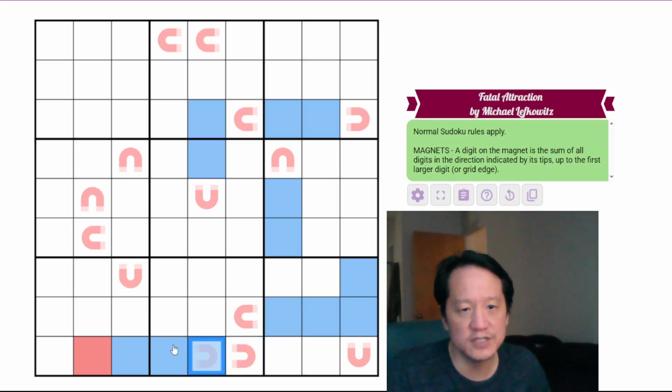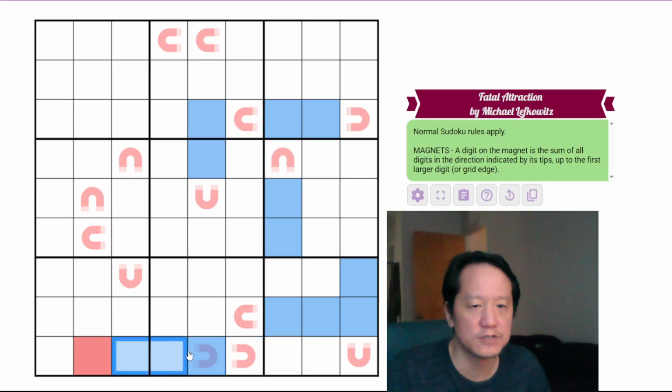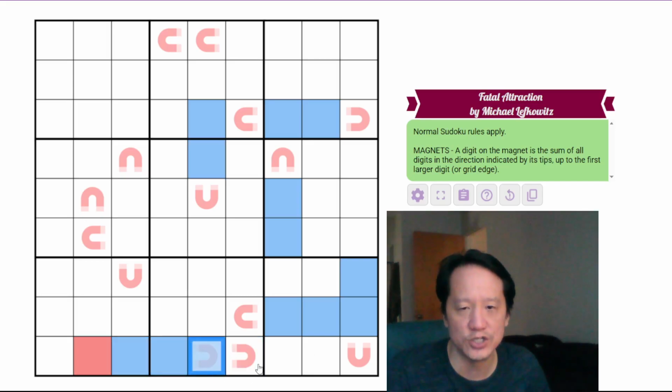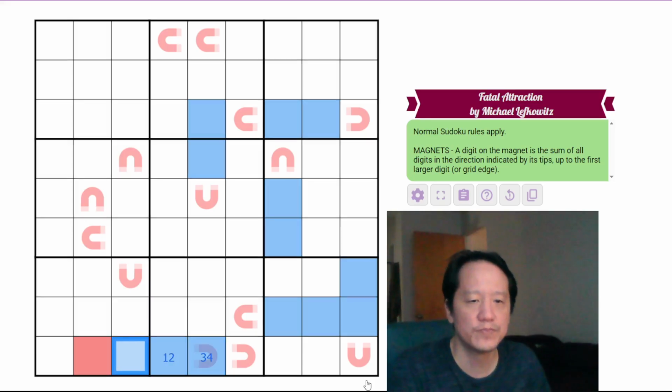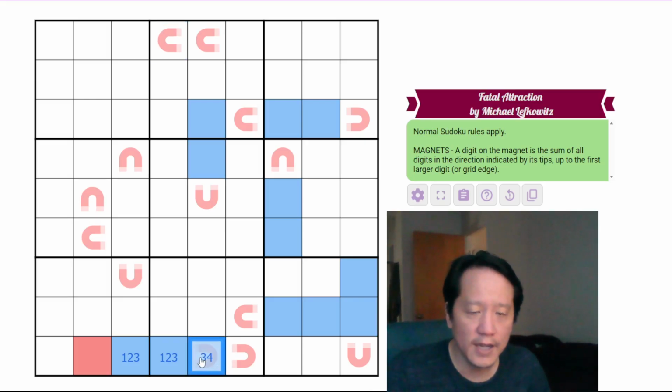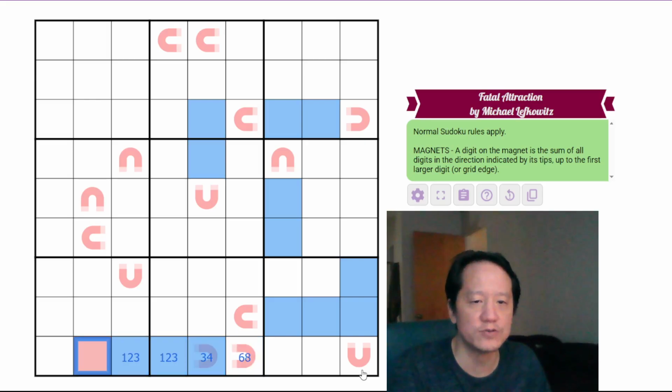This digit is equal to the sum of these 2 digits, so this is equal to the sum of these 3, which is basically 2 times that digit. So this is at least 3 here, and this is 4, so we have 1, 2 here, or 1, 3 here. And this must be double of that, so this is 6 or 8, which means this is greater than 6 or 8, it must be 7, 8, or 9.